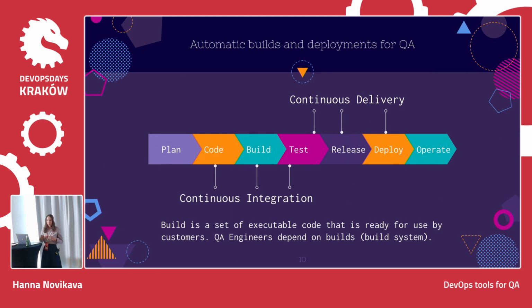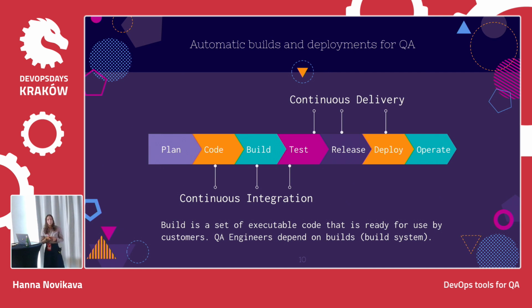For example, if QA engineers understand that something is wrong with the build, they can try to check and fix it properly or ask DevOps engineers to help with it. But in this case, QA engineers need to know something about build, just so as not to treat it like a piece of code and do something blindly.